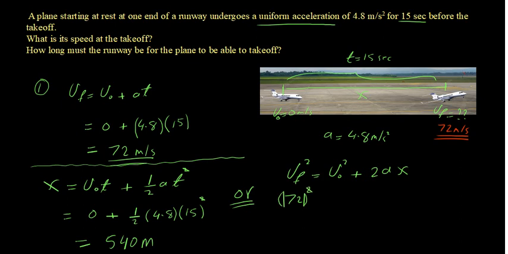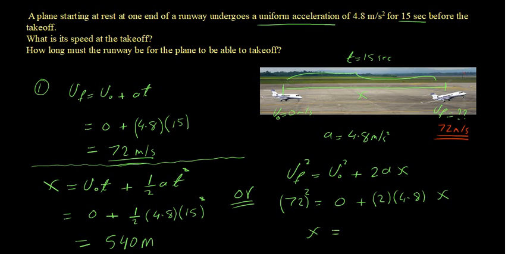Now I know it is 72 squared. I'm sorry, let's fix it. 72 squared equals 0 plus 2 multiplied by 4.8, the acceleration, and let's find the distance.